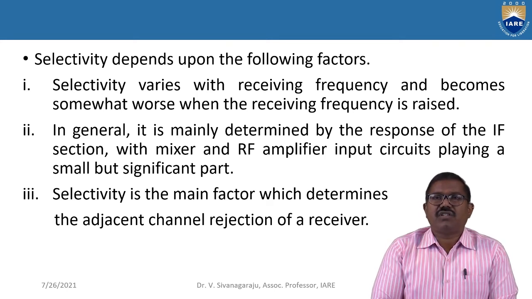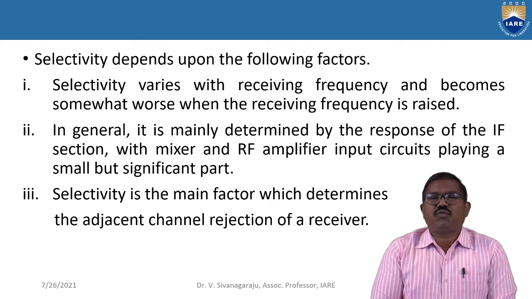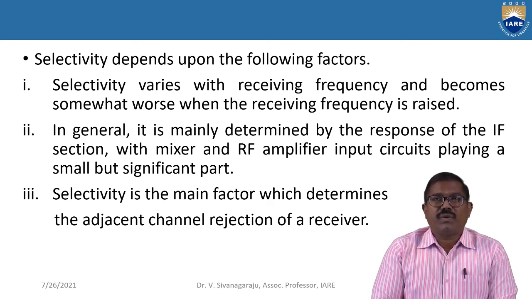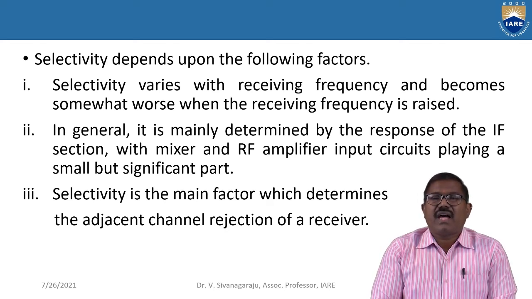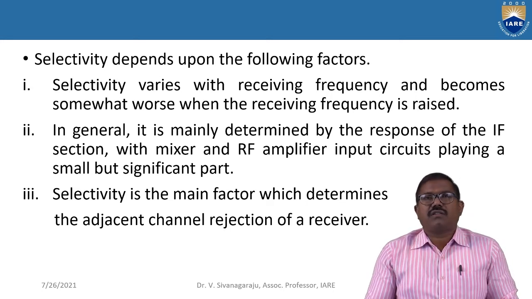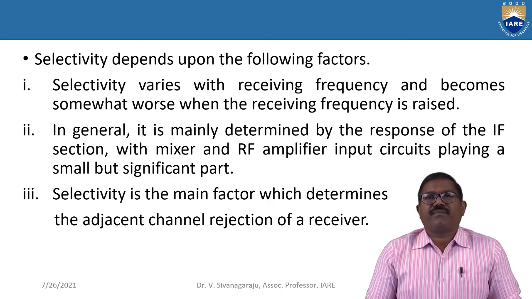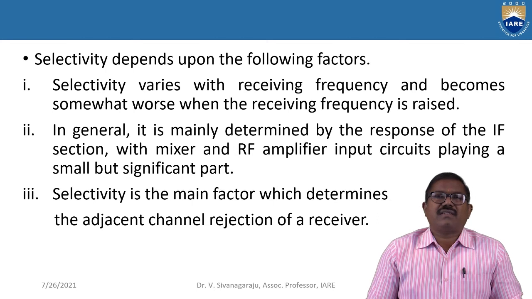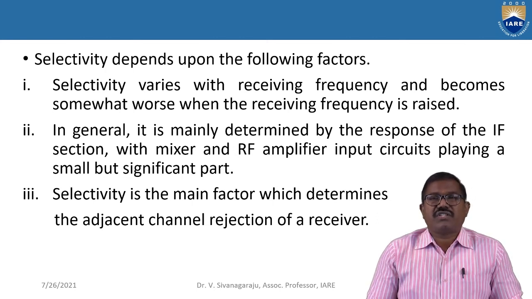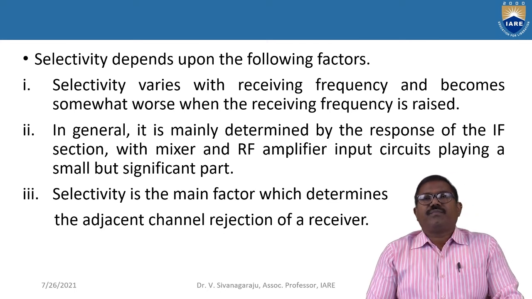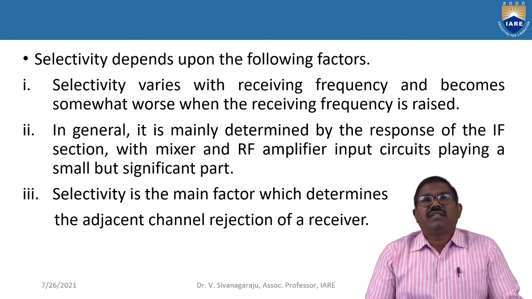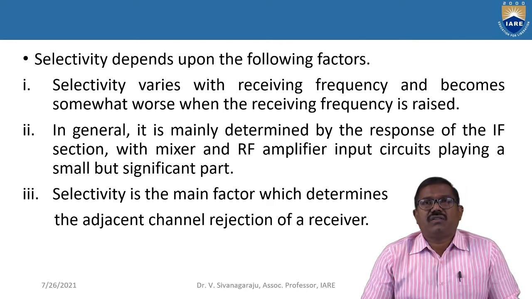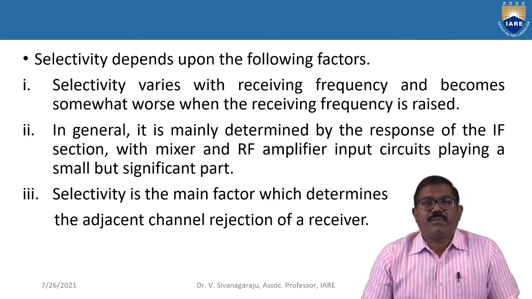And in general, it is mainly determined by the response of the IF section, with the mixer and RF amplifier input circuits playing a small but significant part. This is the second factor. Selectivity is the main factor which determines the adjacent channel rejection of a receiver. So these are the factors on which selectivity depends.